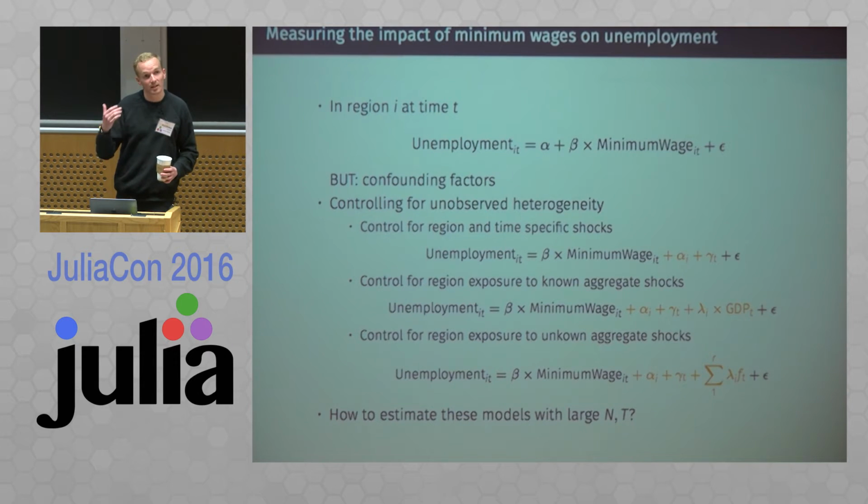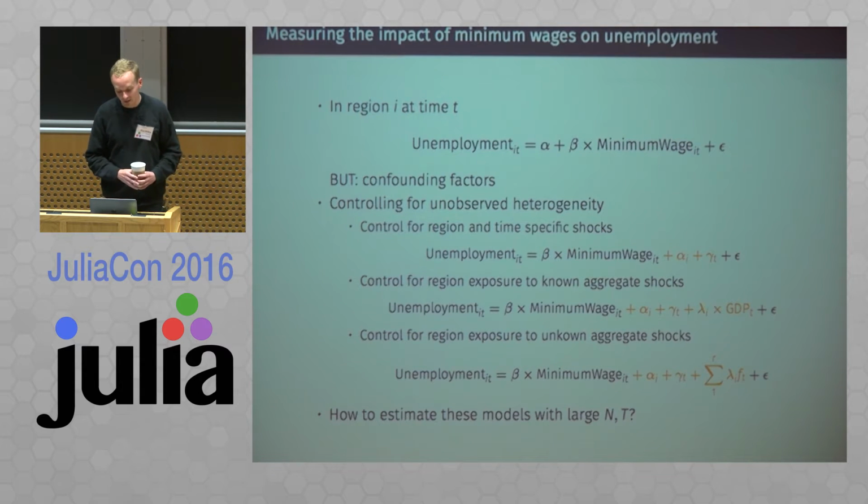Beta is going to change in this specification, and the whole idea is that when you add sufficient fixed effects, hopefully beta will capture only the causal impact of changing minimum wage on unemployment.